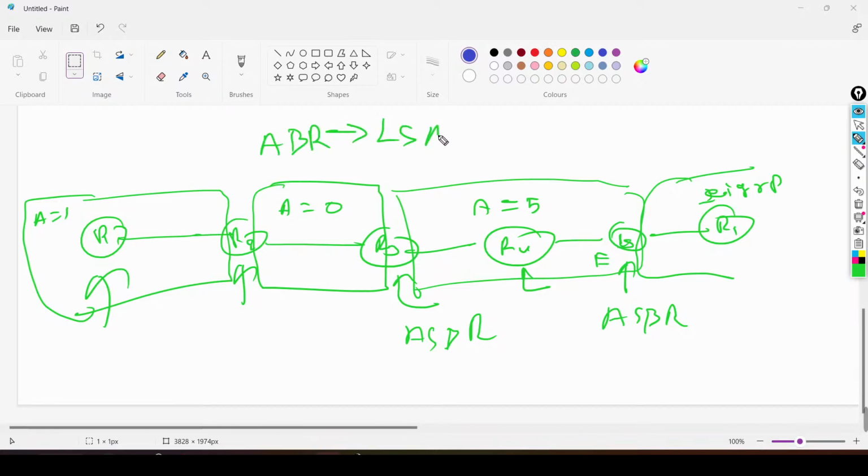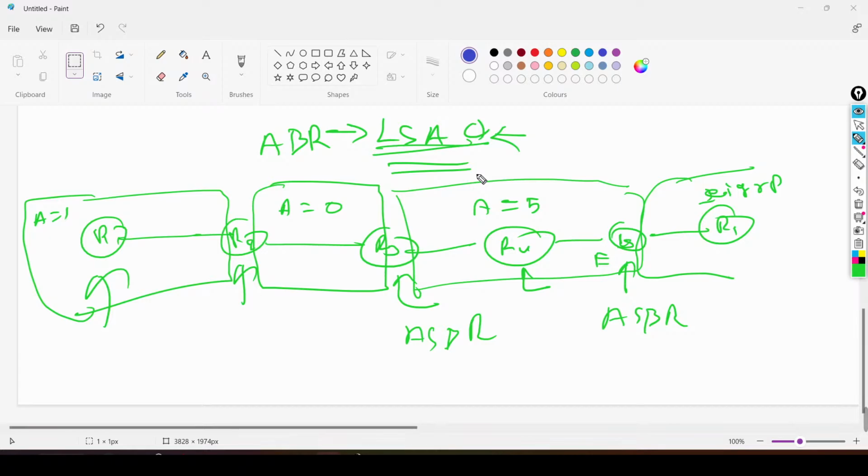LSA 4 to share information of the ASBR only, that who is your ASBR. So the ABR router will actually generate two LSAs: LSA 3 as well as LSA 4. LSA 3 to share the prefixes of inter area, and LSA 4 to share the information of the ASBR router. Clear?